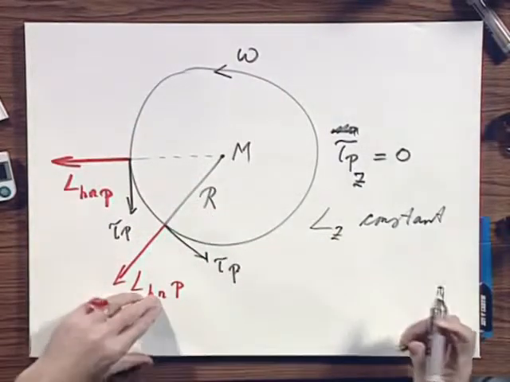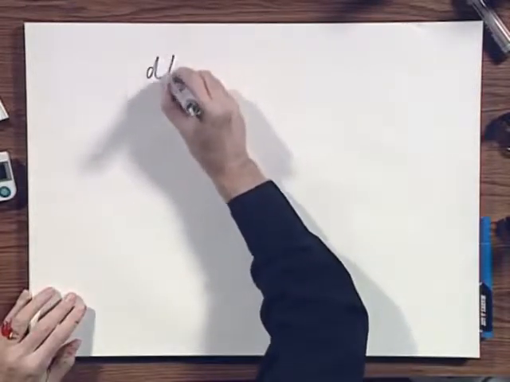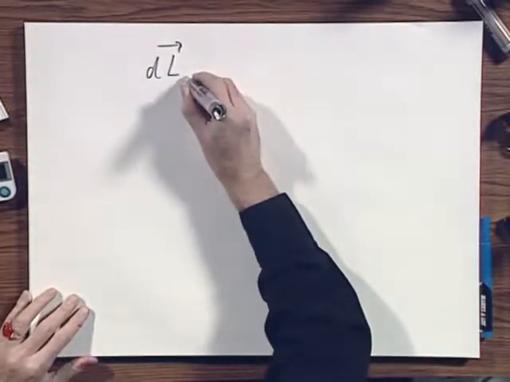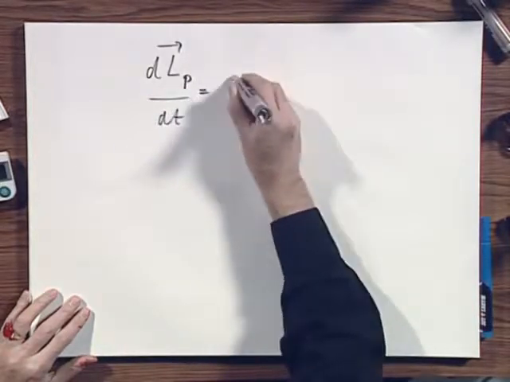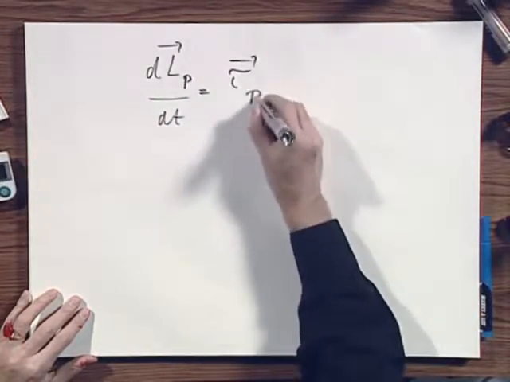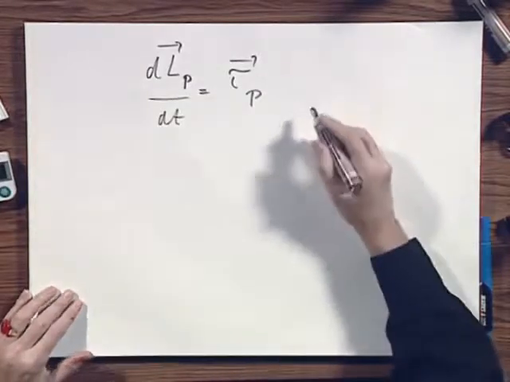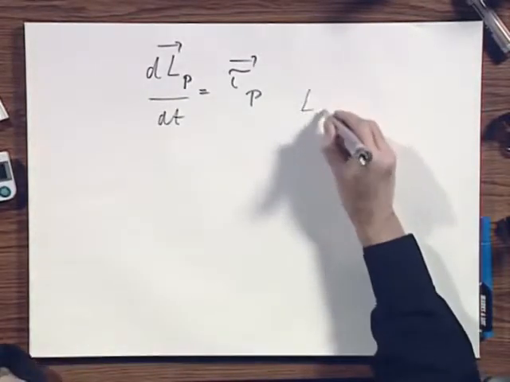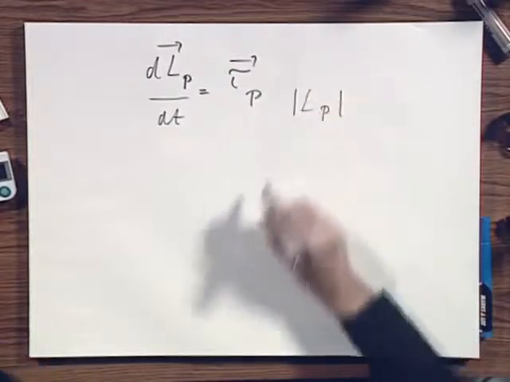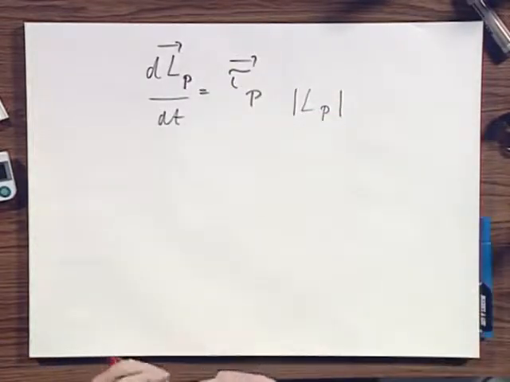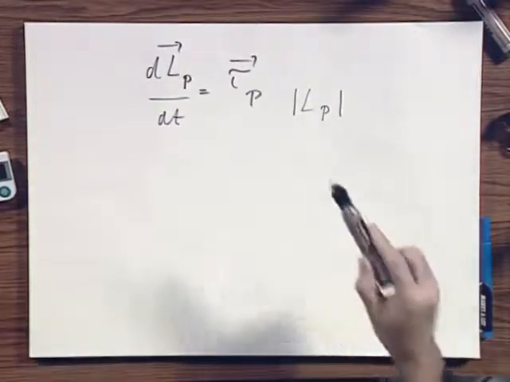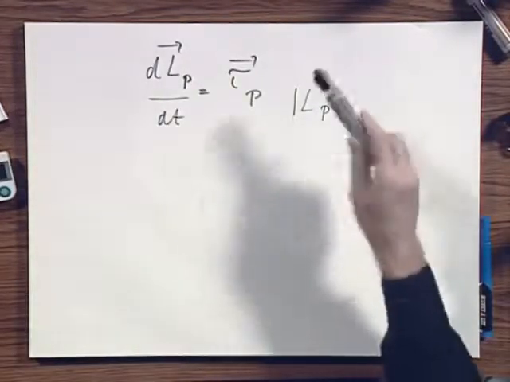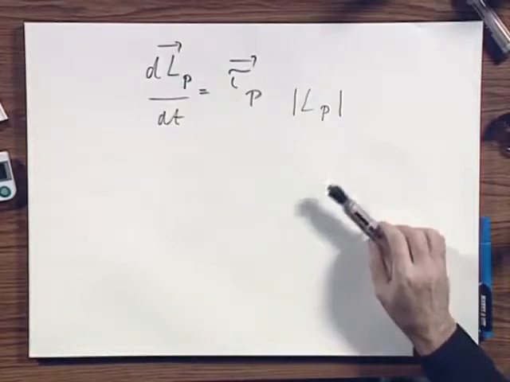Now, if you're very good in math, you could demonstrate, but it may not be so easy, that here dL relative to point P over dt is indeed tau relative to point P. Keep in mind that the magnitude of Lp is constant, but that its direction changes. Well, I wish you luck, and if you don't want to do that, that's good too, of course.